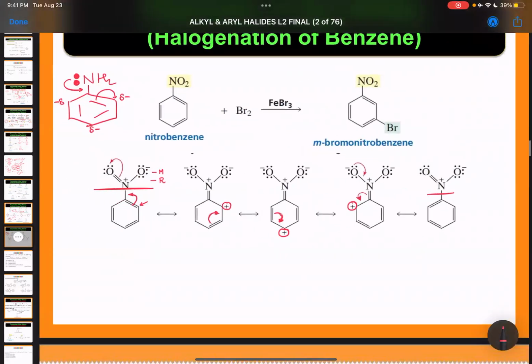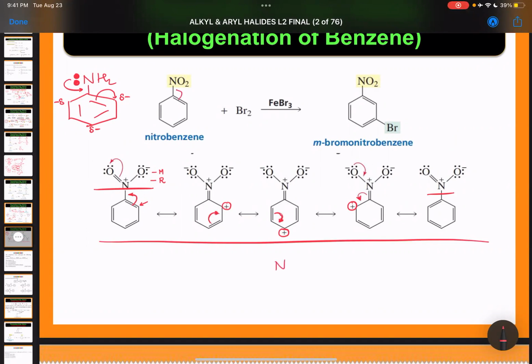So the actual structure is a mixture of all these structures. We are trying to show them one by one so that we can have an idea of what is going on, how the electrons are moving, and which places are getting enriched or deficient in electron density. Overall you need to write it like this: nitrobenzene, and there will be a partial positive charge. That's it. You don't have to write all these structures.